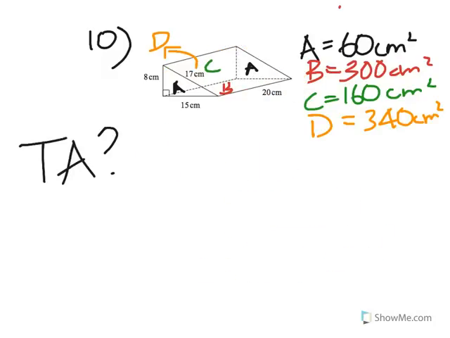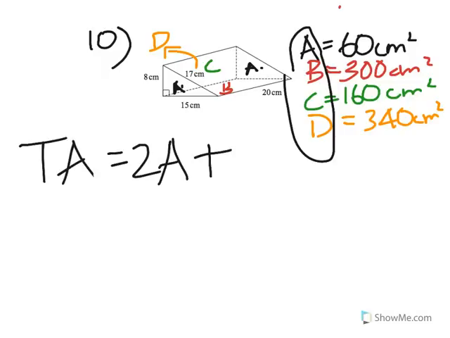So what is the total area? The total surface area is nothing but adding all of these together. In this case, there are two A's, 1 and 2, so the total area is equal to 2 times A plus B plus C plus D. So what is the area of A?